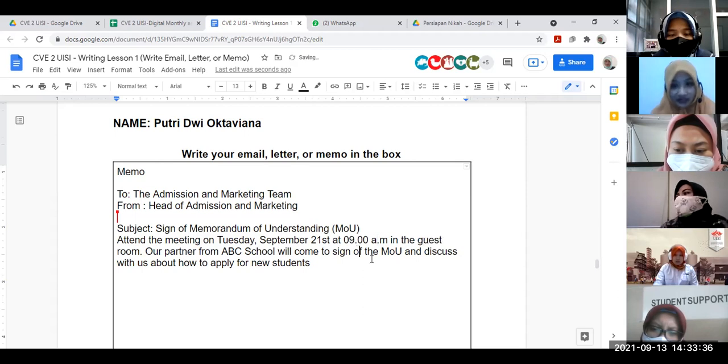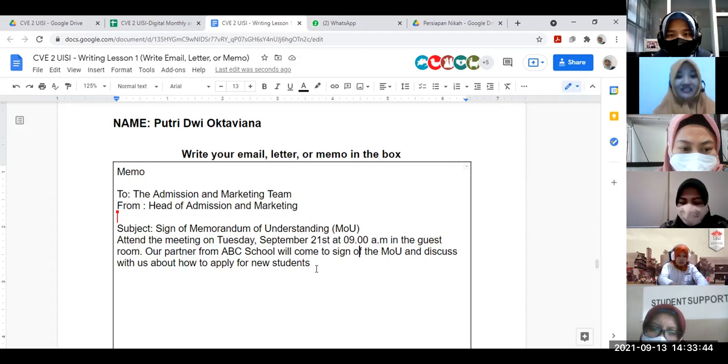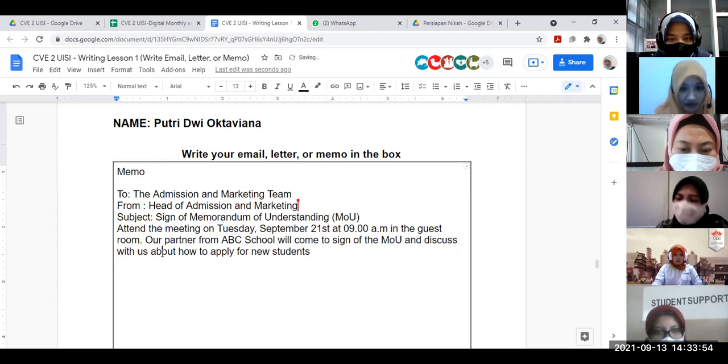Ruang tamu maksudnya ya, guest. I think the guess before is the guess, please guess. Tebak-tebakan ya. So it's already good here. Thank you, Miss Putri. It's very brief and concise. But in my opinion, if you want to write to, from, you can simply put the subject here like this.